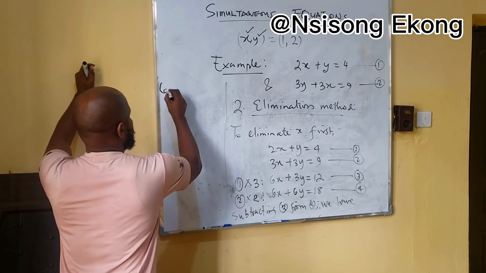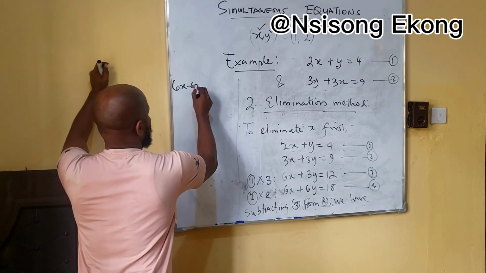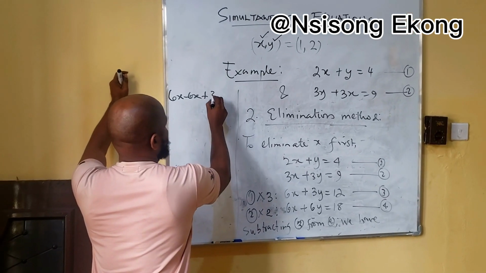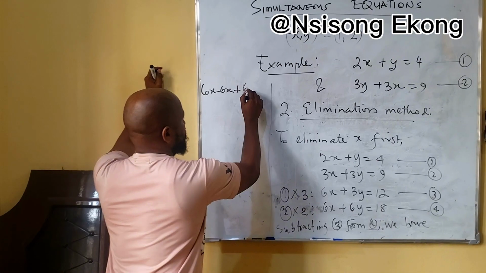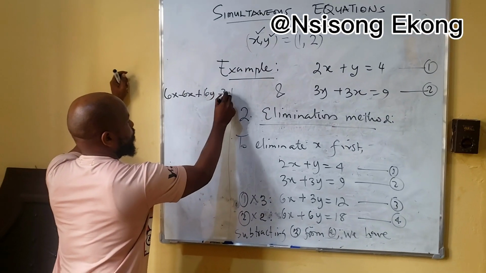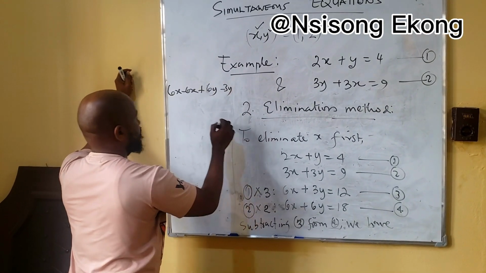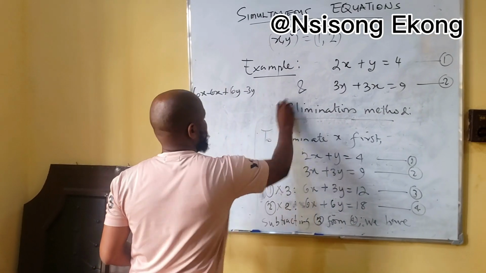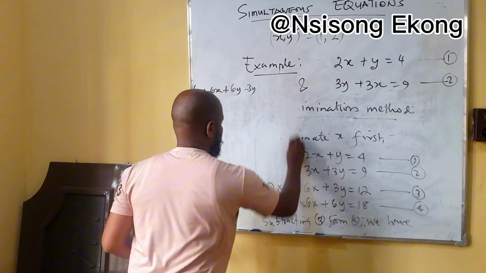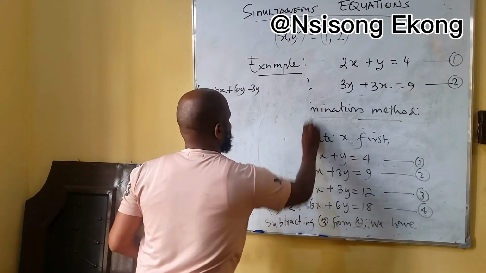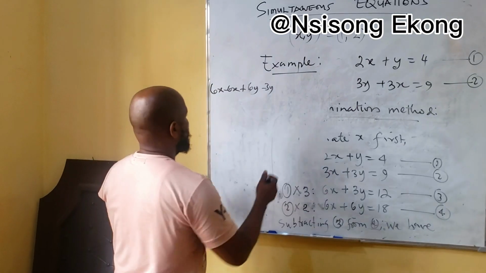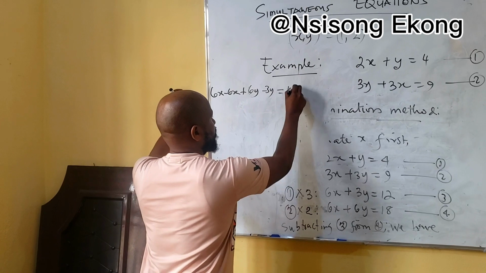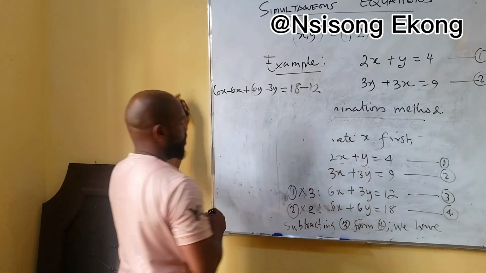We have 6x minus 6x, plus 6y minus 3y, equals 18 minus 12.